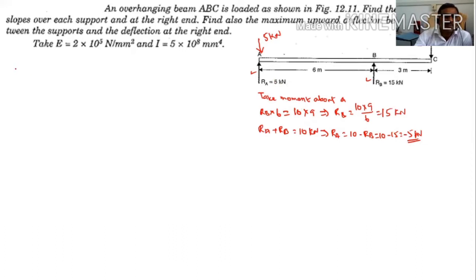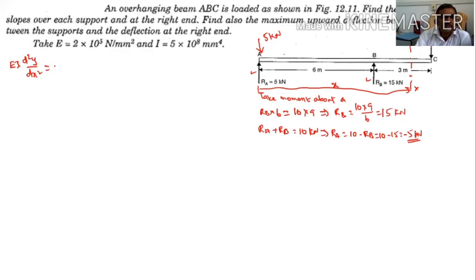Now find the moment about the x axis. Take the x axis here, with the distance from the left support taken as x. In the differential equation for deflection, you substitute the moment value. That is EI d square y by dx square is equal to moment.